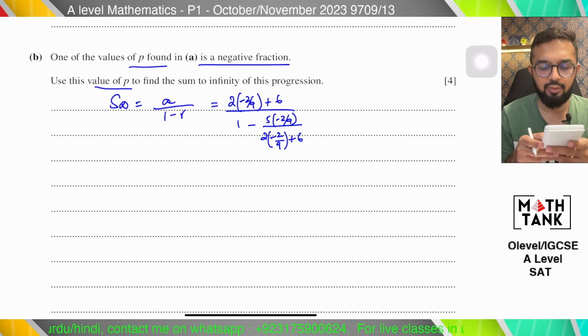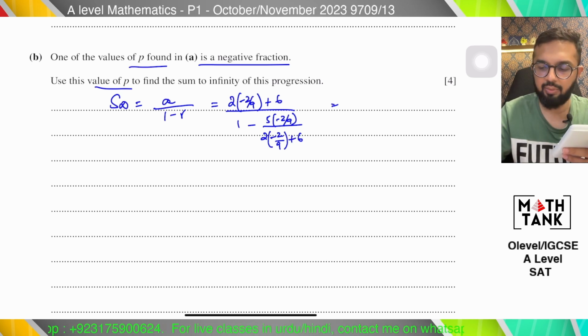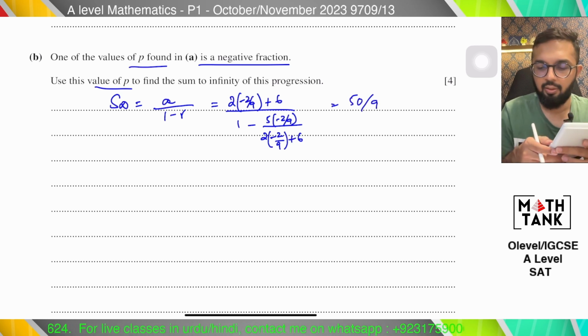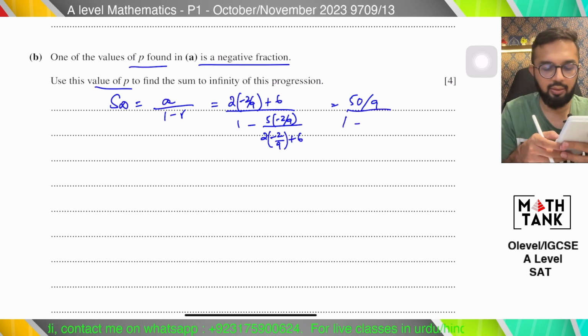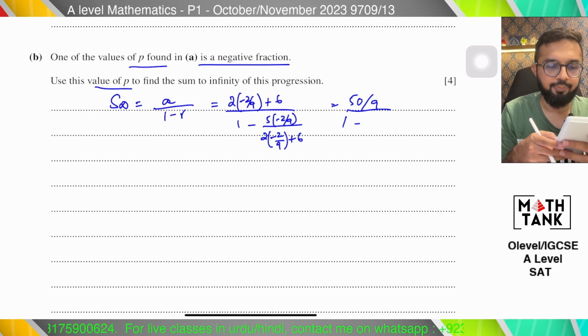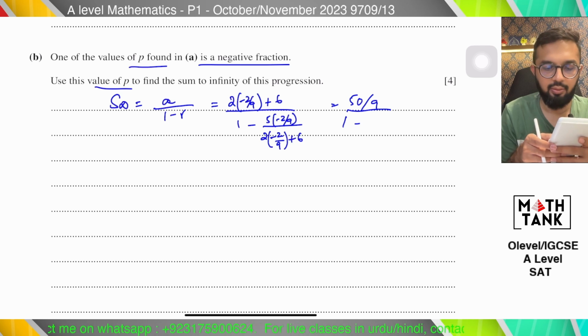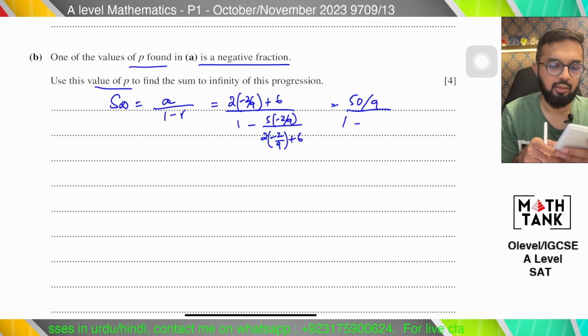2 times minus 2 over 9 plus 6, so my denominator is coming out as 50 over 9. My r is coming out as, let's see what I'm getting, 5 times minus 2 over 9 divided by 2 times minus 2 over 9 plus 6.